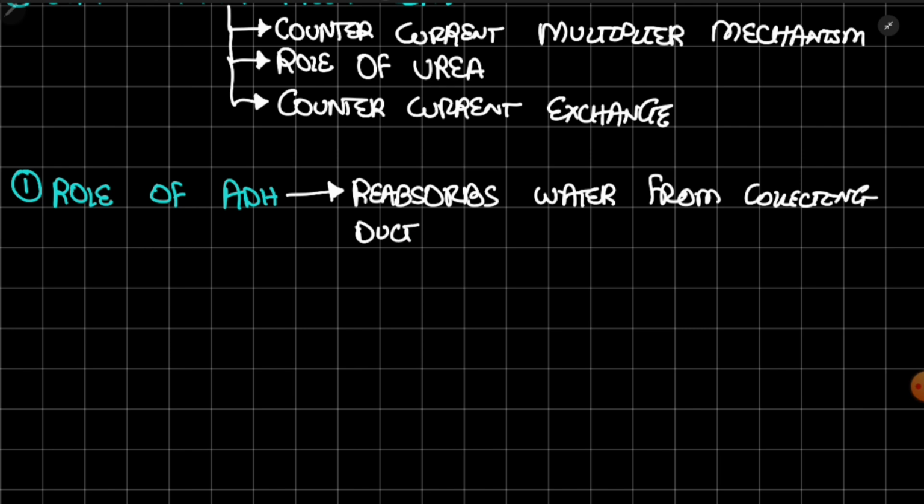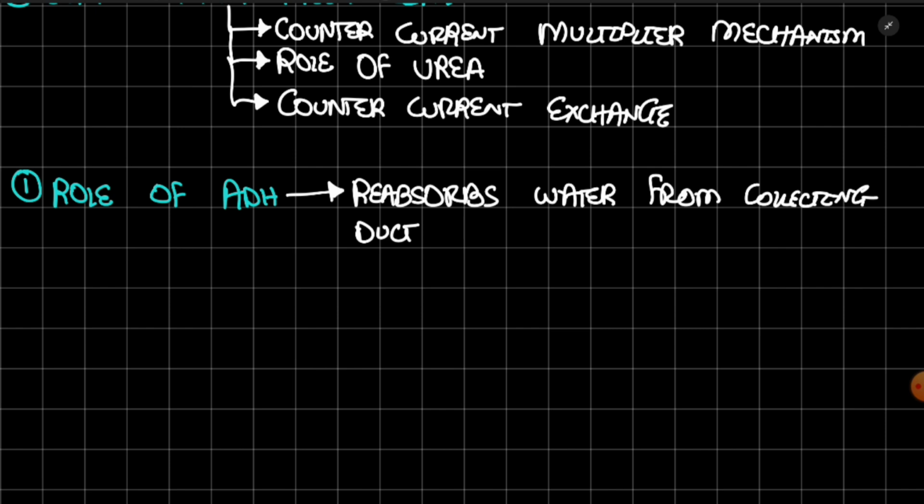Why are we going into the collecting duct when our main focus is the loop of Henle? The function of the loop of Henle is to control the osmolarity, or concentration, of urine. To control the osmolarity, ADH also plays a pivotal role.